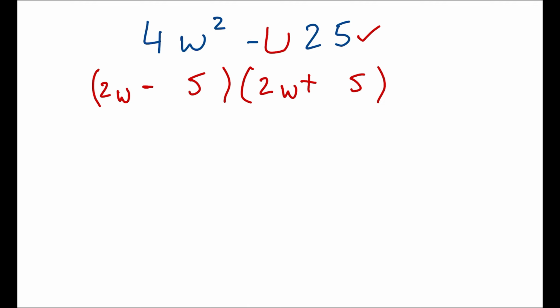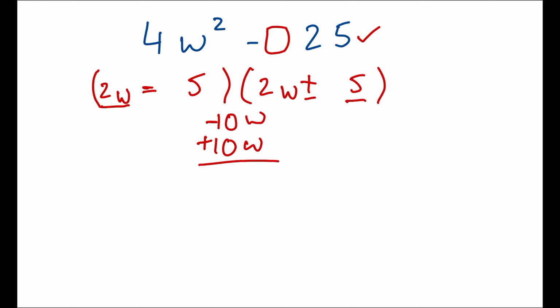We got this check. Now we want to find our middle number. So we got 5 times 2w is 10w, and then this side, 2w times this one will be negative as well. And then 5 times 2w will be 10w, but plus sign, and you have the plus sign here.